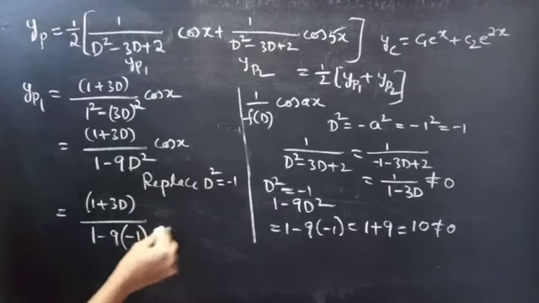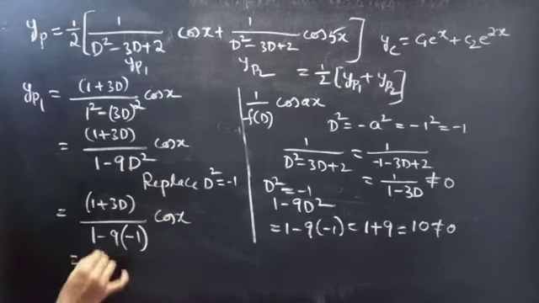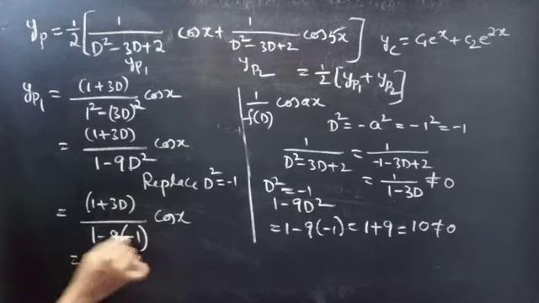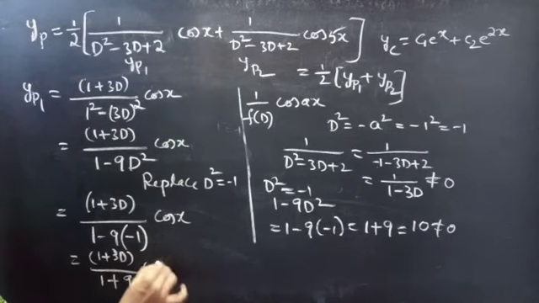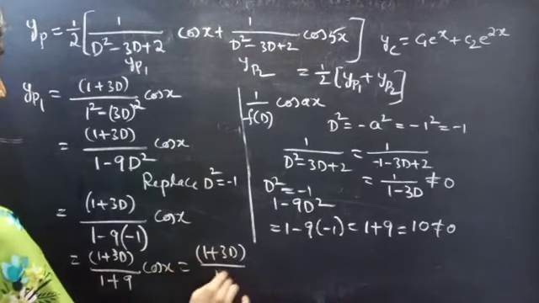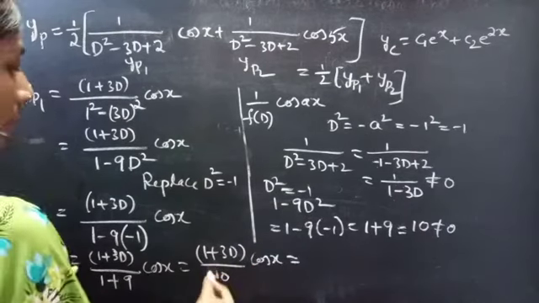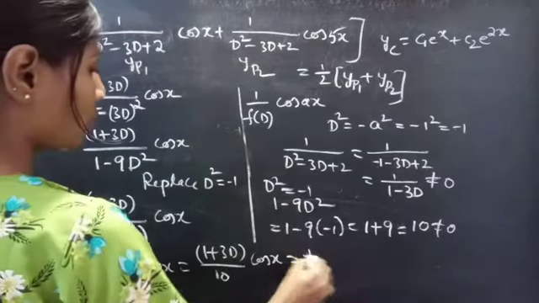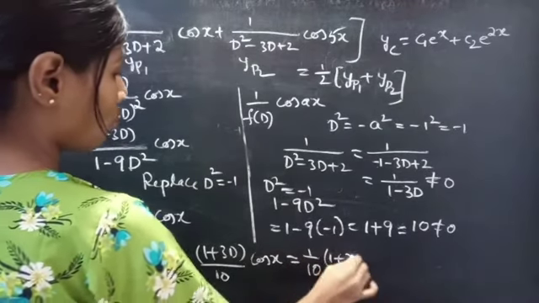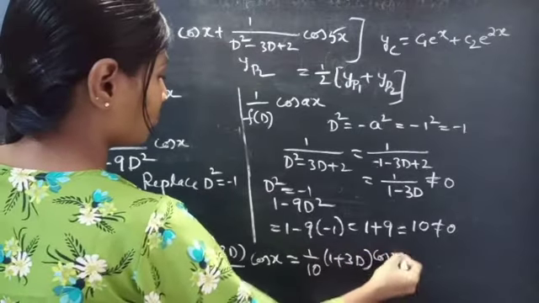Just replace d square by minus 1 into cos x, which is equals to 1 plus 3d by 1 minus into minus plus 9 into cos x, which is equals to 1 plus 3d by 10 into cos x. Again, we can just split this as 1 by 10 into 1 plus 3d into cos x.